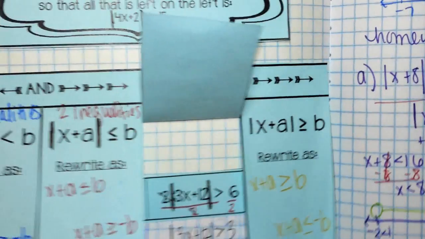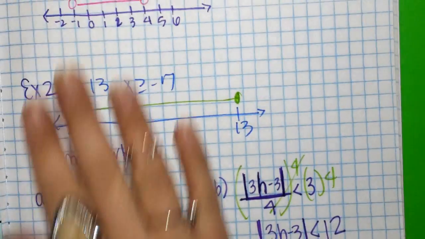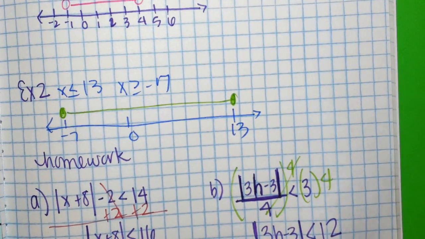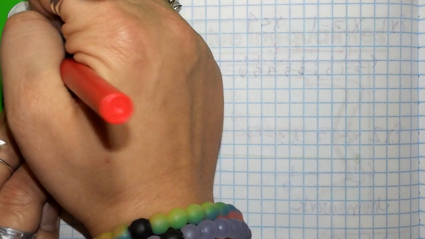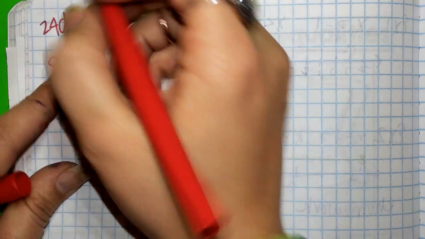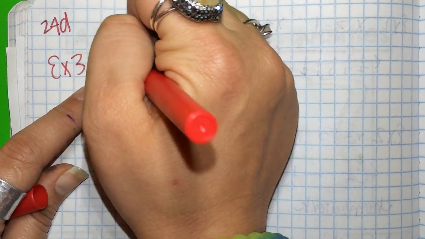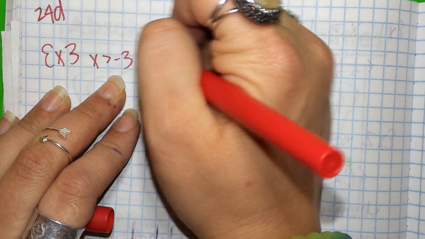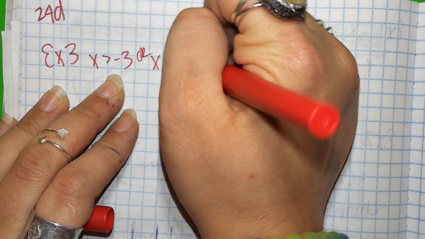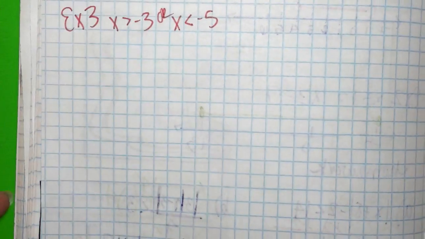Alright, let's graph. So I'm out of room over here on 24C, so I'm going to 24D. If you are not out of room, great, and then call it example 3. Okay, so this is an OR graph.